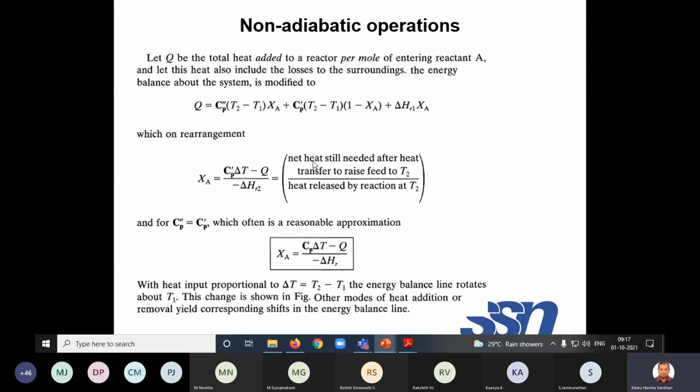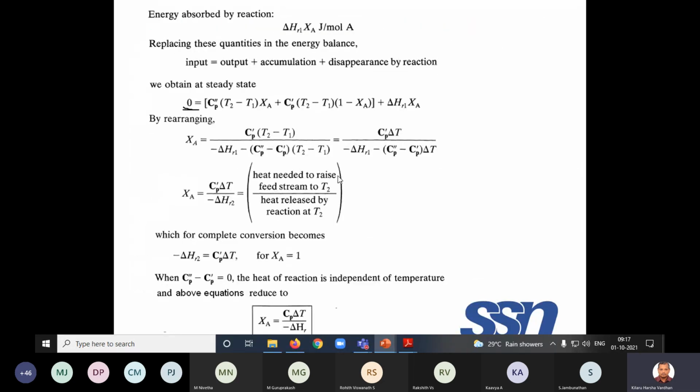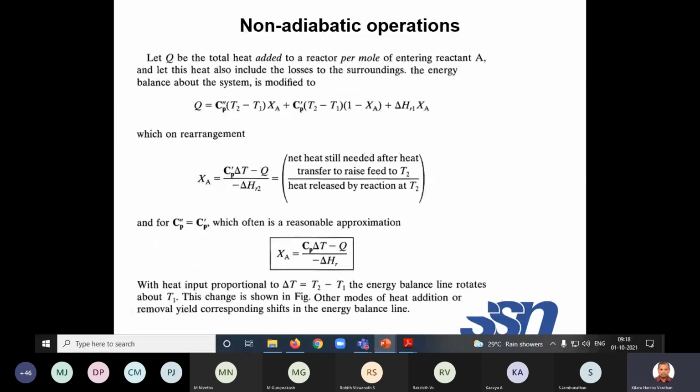That is nothing but the net heat still needed after the heat transfer to raise the fluid to T2. Whereas in the previous one, it is heat needed to raise the feed stream to T2. But here the feed stream is raised by Q, but still heat is needed to raise it to the temperature T2.